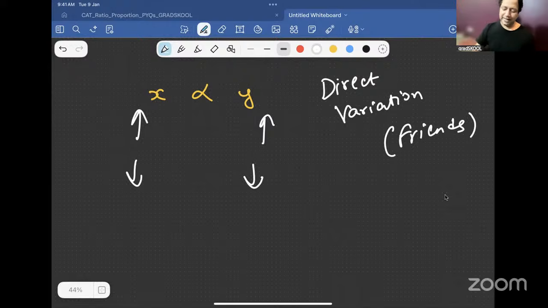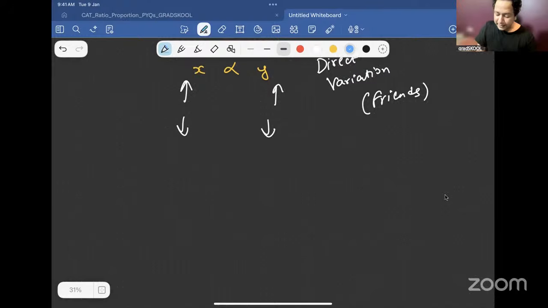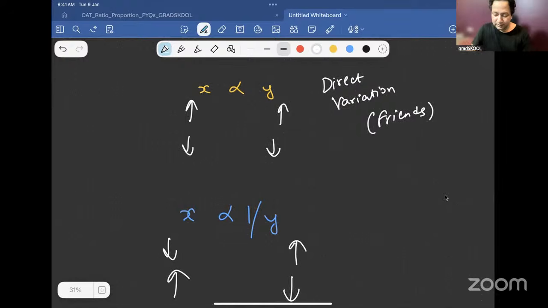Okay. Now, the other thing is that X and Y are inversely proportional. That is how we write it. So if Y, let's say, increases, X will decrease. If Y decreases, X will increase. Is that cool? So let's understand what is this amount of increase or decrease.